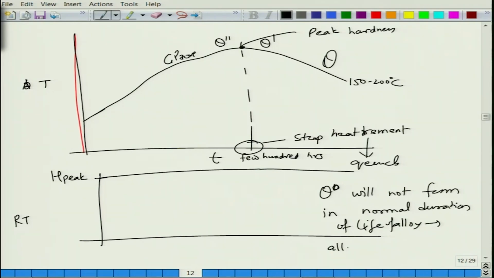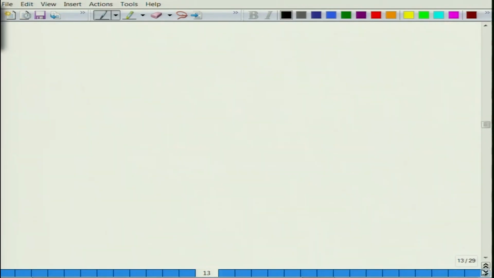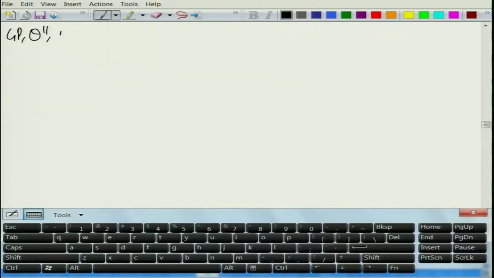So, the alloy remains hard because the kinetics of precipitate formation is very small. So, formation of these precipitates leads to hardening. So basically we have said that GP zone, theta double prime and theta prime lead to hardening.